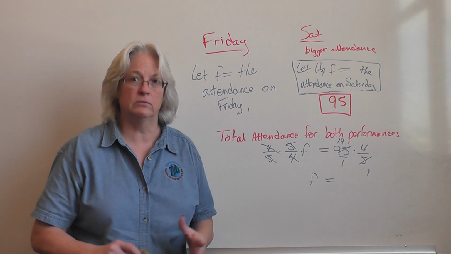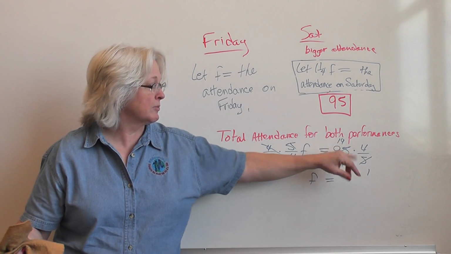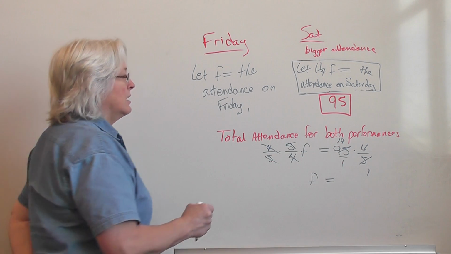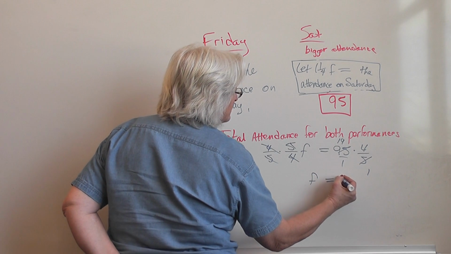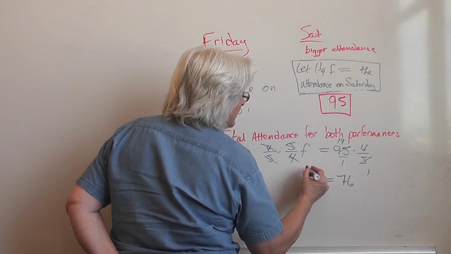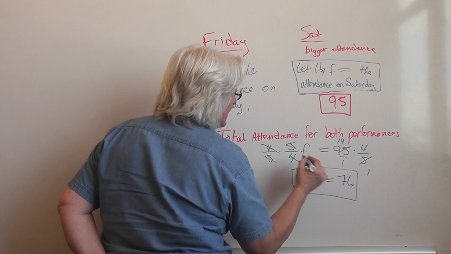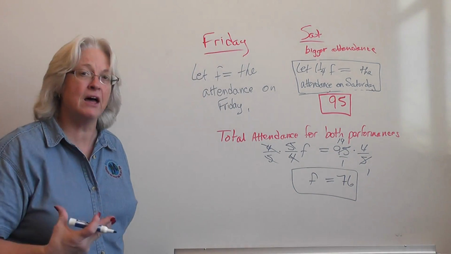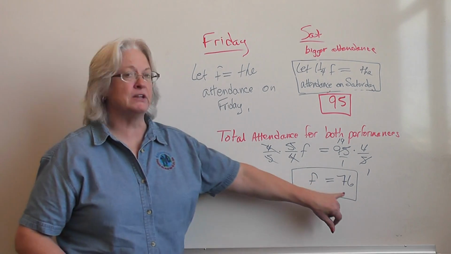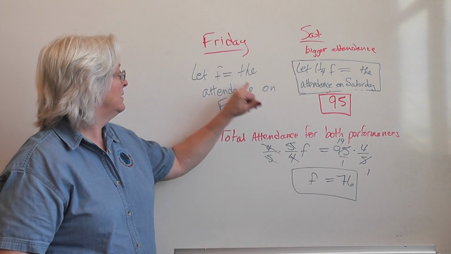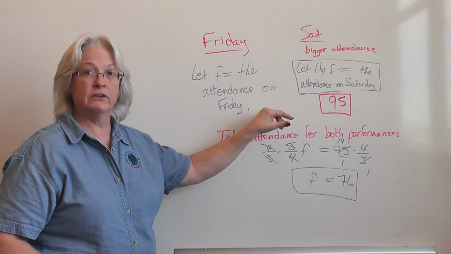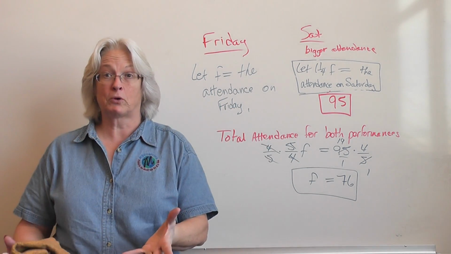Now what do we need to do? Can't reduce anything else. We multiply our numerators together, and we end up with the attendance on Friday. Actually, we end up with F is equal to 76. What is F? F is the attendance on Friday. Are we done with our problem?